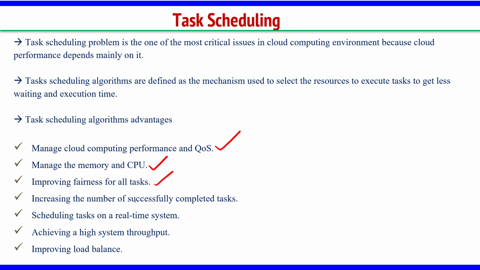Increasing the number of successfully completed tasks, because by organizing the tasks properly, you can complete more tasks in less time. Scheduling tasks on a real time system, achieving high system throughput, and finally improving load balance. All these benefits you will get if you are properly handling the tasks or allocating the resources for the services which are coming to the cloud.